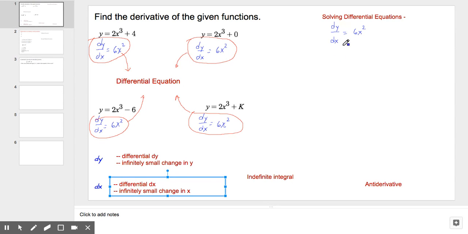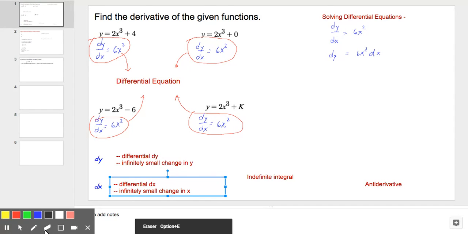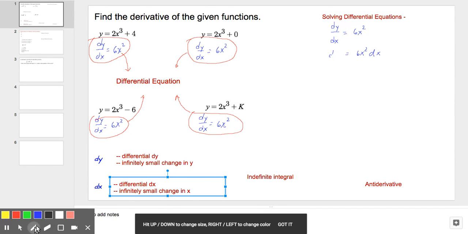And so we can rewrite this function as dy equals 6x squared dx. So it's like we multiplied both sides of the equation by dx. And so we come up with this equation now. dy is equal to 6x squared dx.